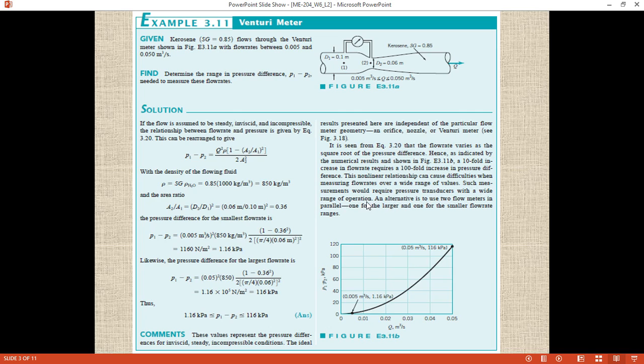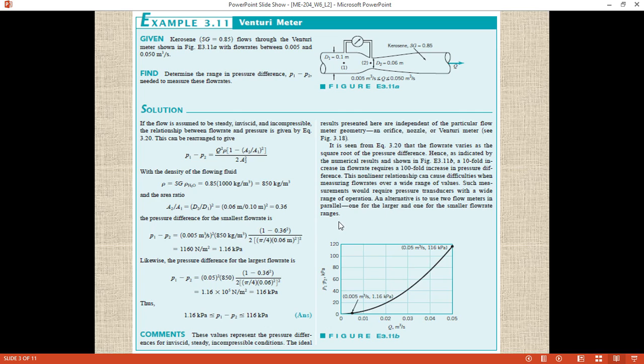So we need a very sensitive pressure transducer that could measure, or as an alternative, use two flow meters in parallel, one for the large and one for the smaller flow ranges.